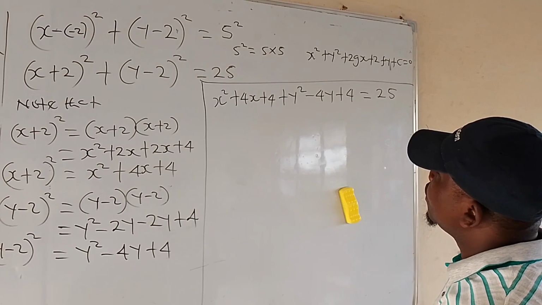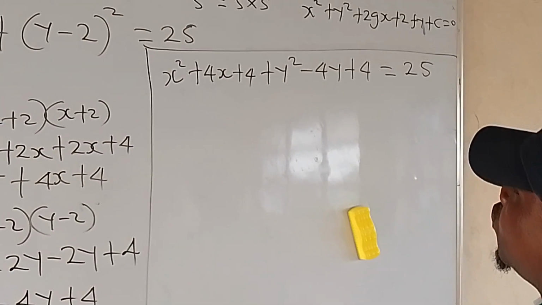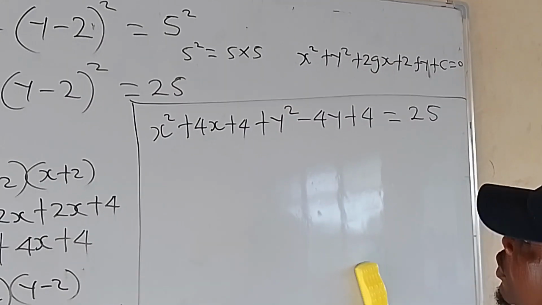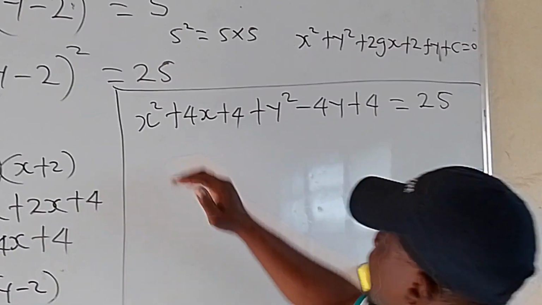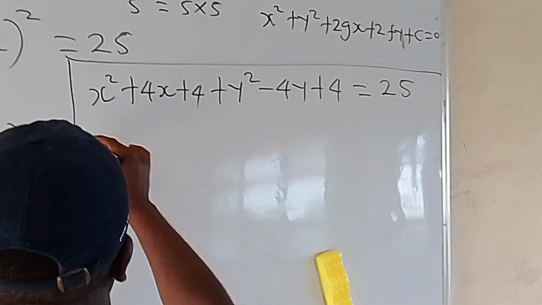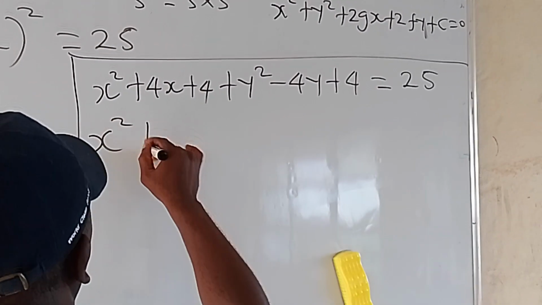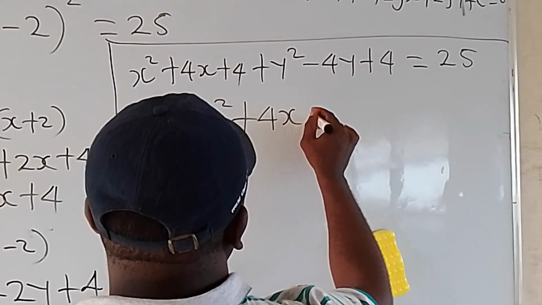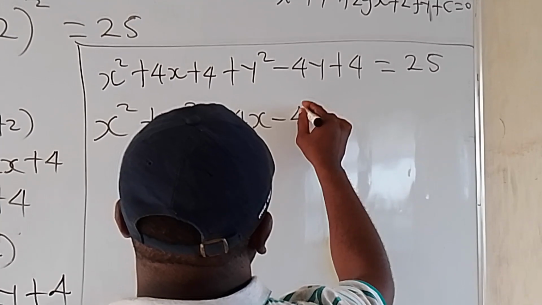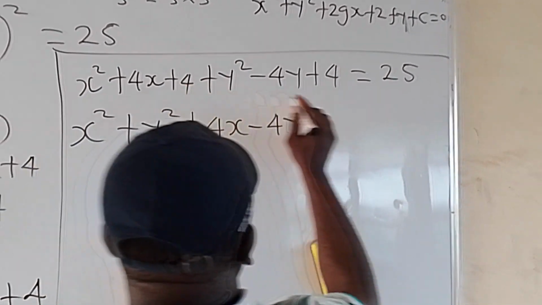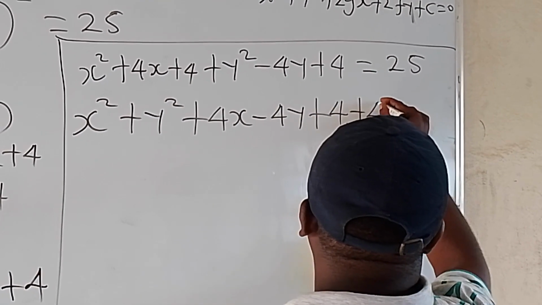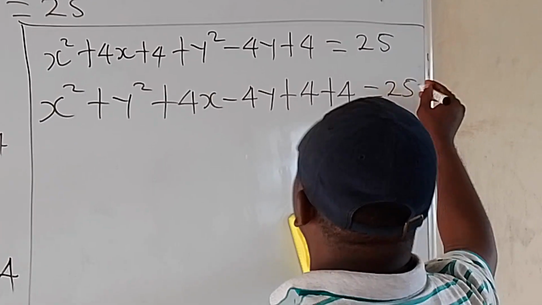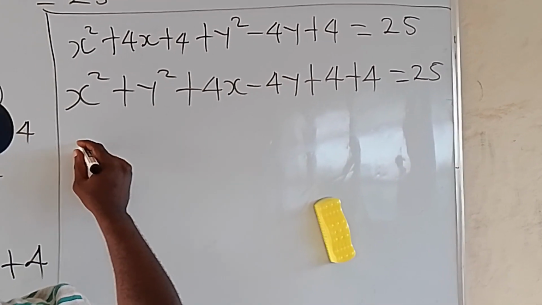I said we are going to solve to obtain the equation of the circle in this form. So let us have it in this form: x squared plus y squared, plus 4x, then minus 4y, plus 4 plus 4, equals to 25.